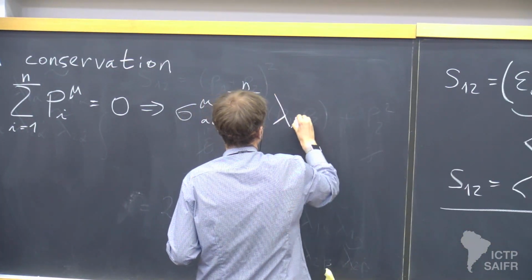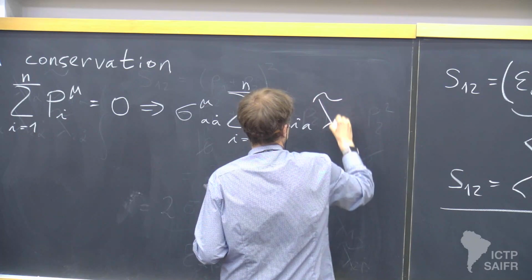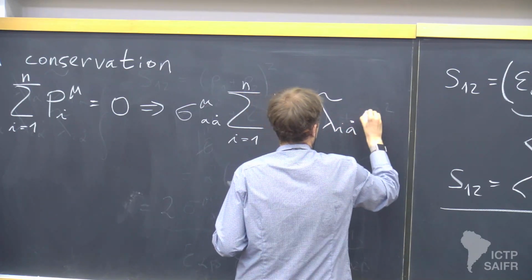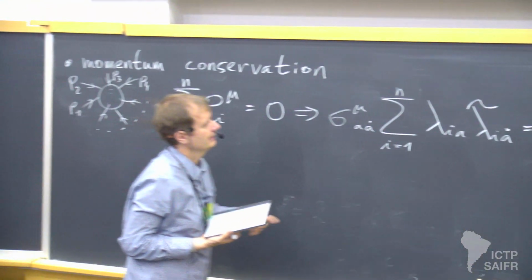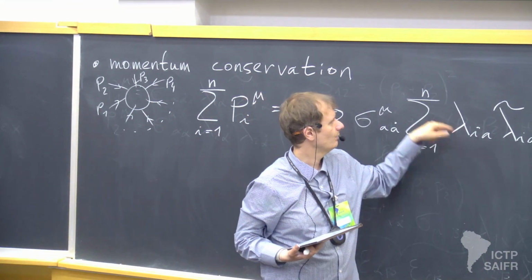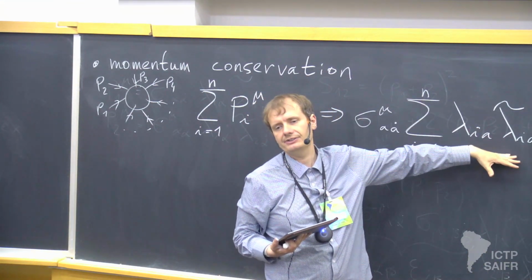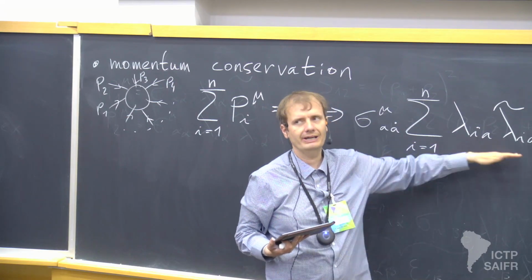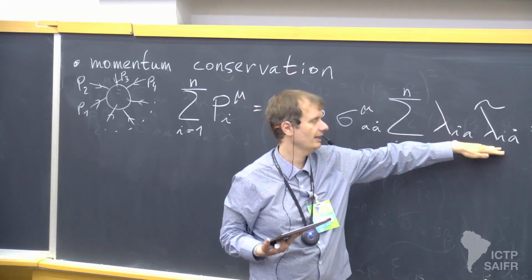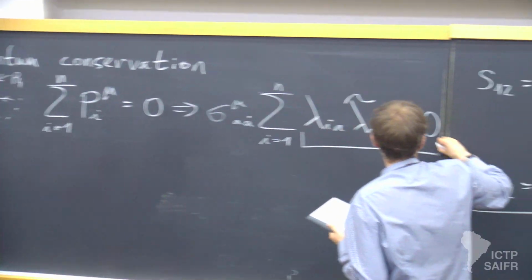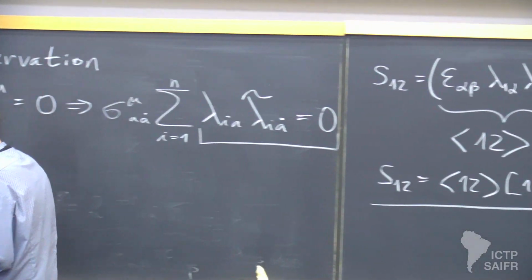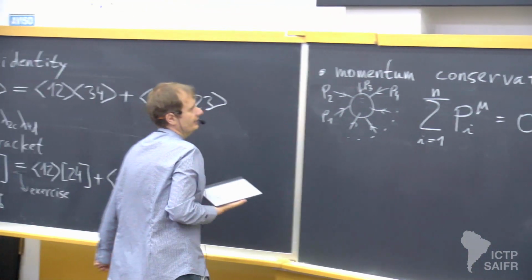But then we have this condition, and we are summing over i from 1 to n, but this is a quadratic condition. It's a product, or bilinear, in the lambda and lambda tilde. It's a condition on this product that must be 0. So it's a non-trivial relation.